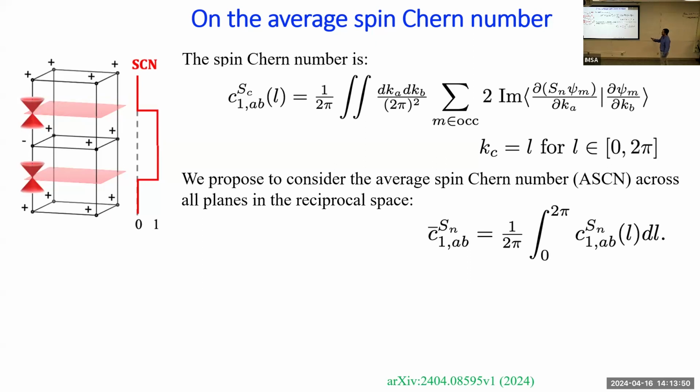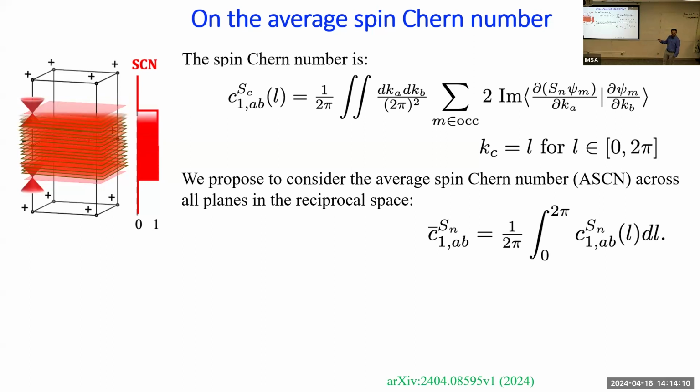Let's try to calculate again the spin Chern number by layers, in this case in k_z space. And this is the definition of the spin Chern number. Let's sum up all the contributions for each k_z plane.